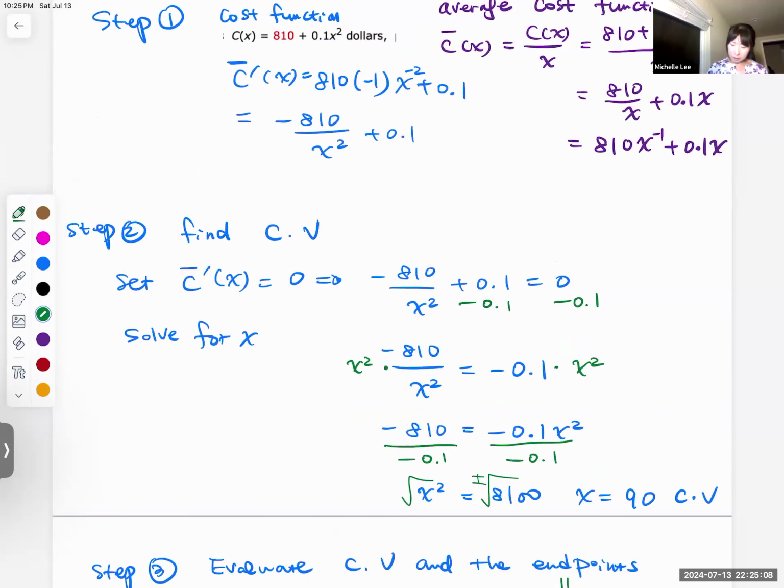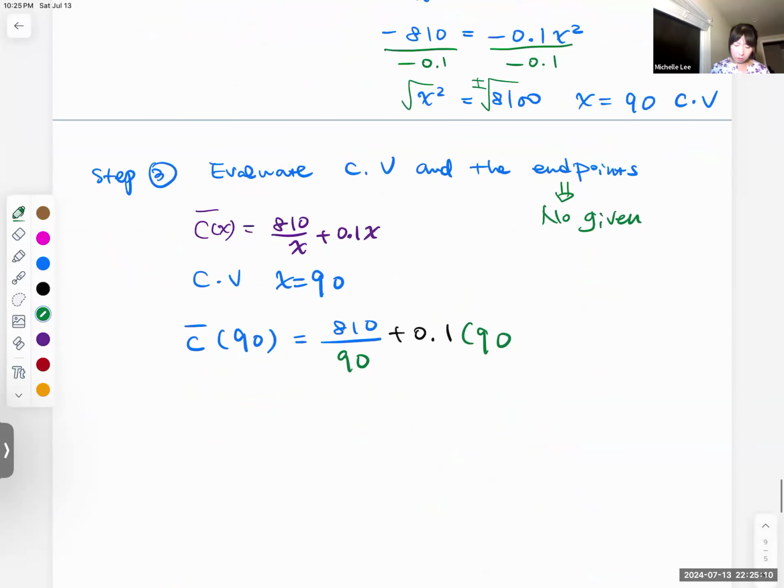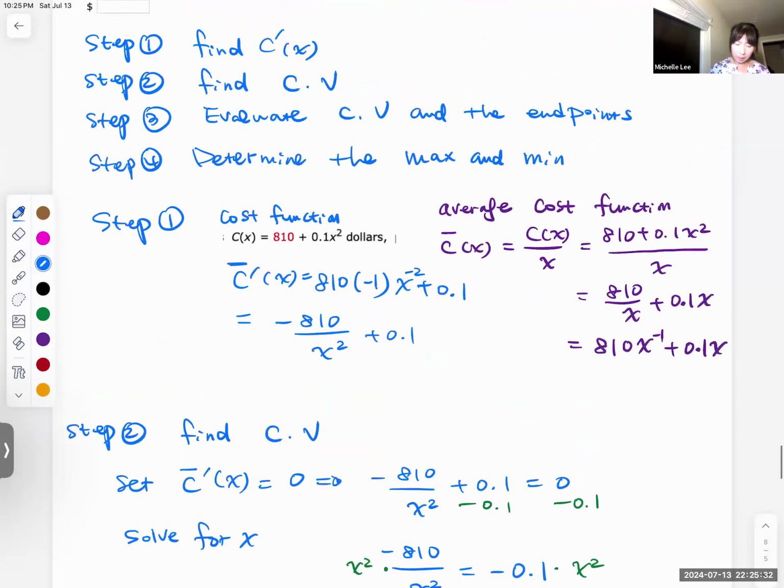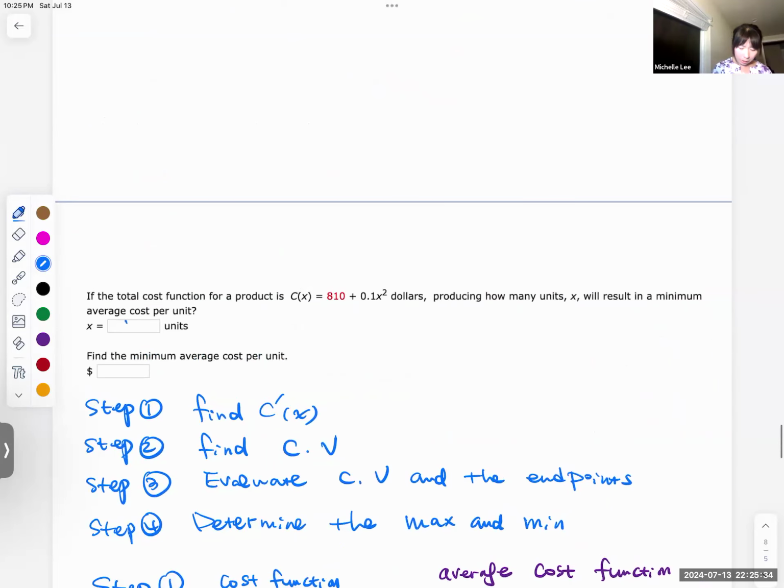Yeah, that is correct. So we get 18. Okay, so the average cost is 18 per item, right? So 90 units and 18. Make sense?